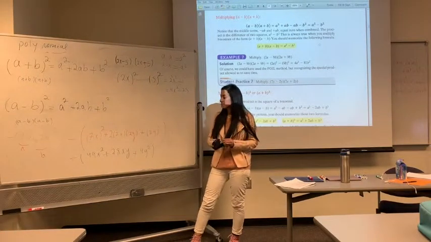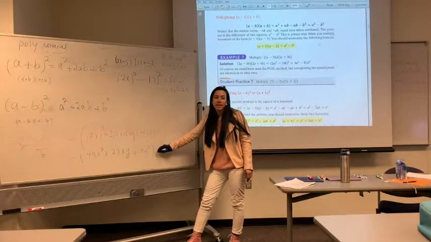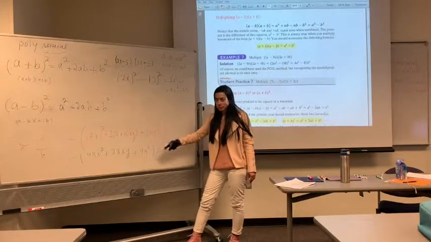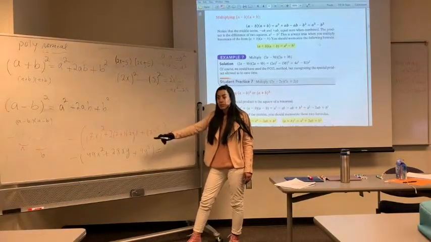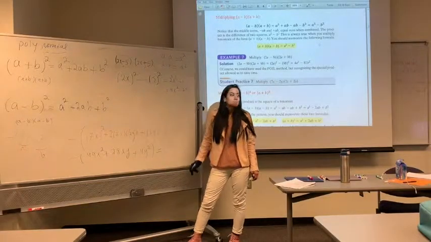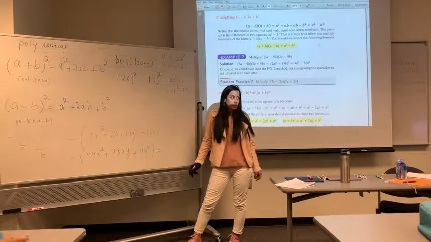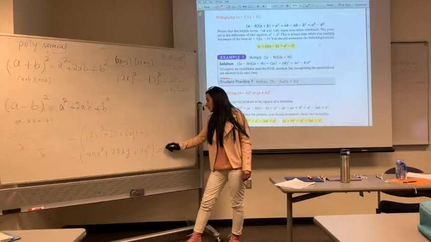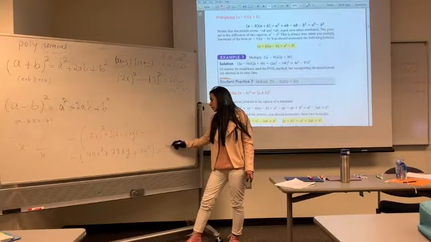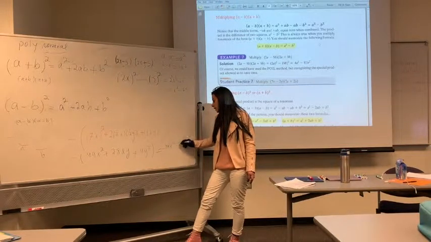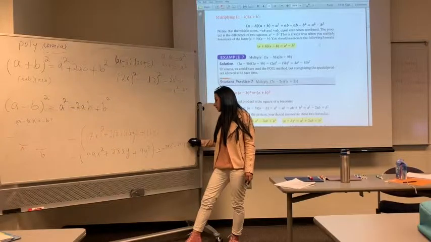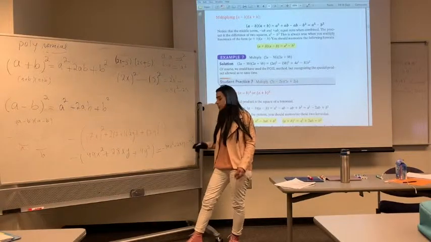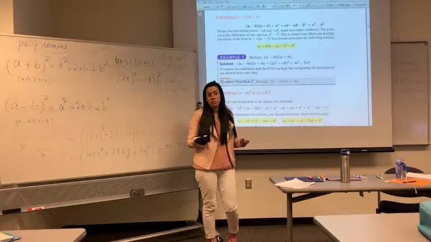No, you couldn't combine anything. So what should I do now? Apply the negative to each of these terms. So I have negative 49x squared minus 28xy minus 4y squared. So we solved it, right?